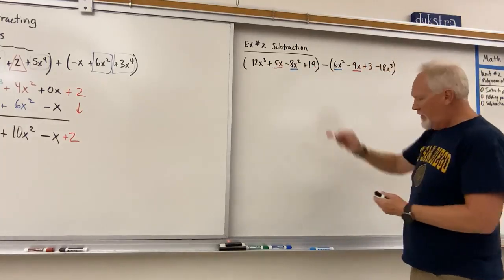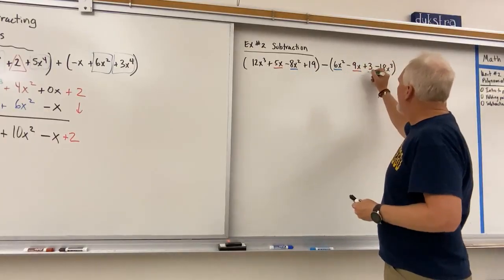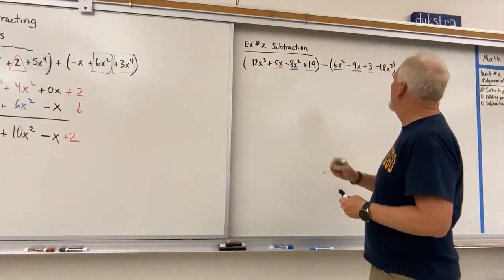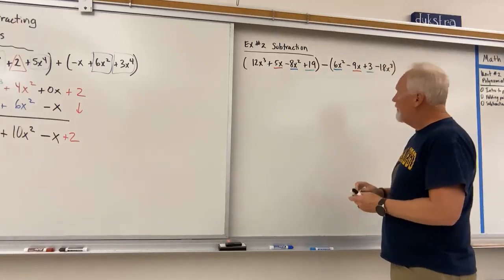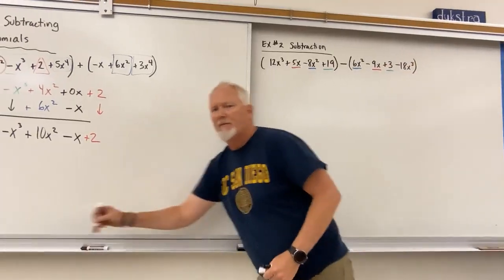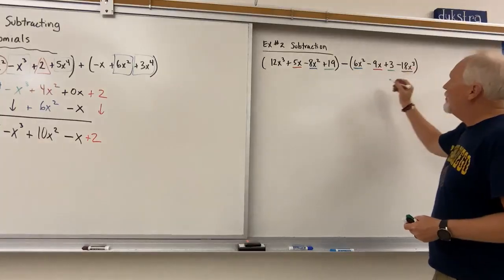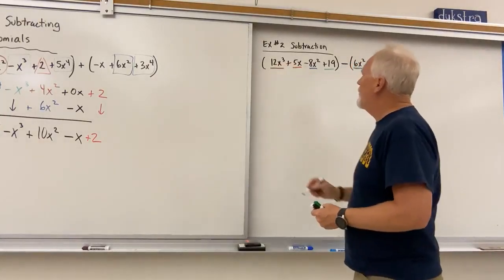I have a constant here. So if I have a constant, put that constant with a constant. And then I have one final one, which is a 18x cubed and a 12x cubed.